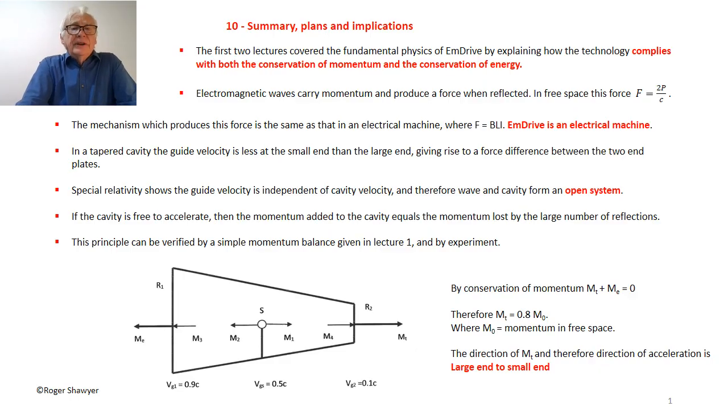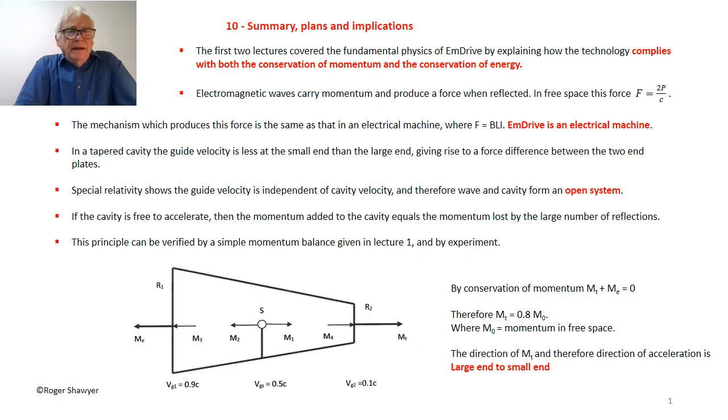If the cavity is then free to accelerate, it will have momentum added to it as it accelerates, and the momentum added to the cavity equals the momentum lost by the electromagnetic wave as it bounces up and down the cavity a large number of times and reflects at each end every time.